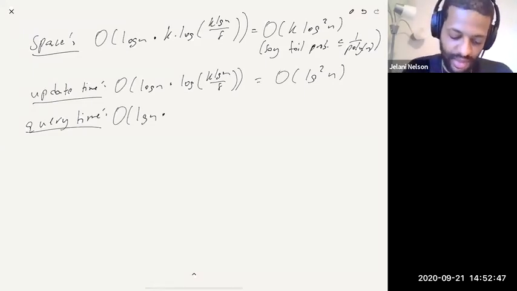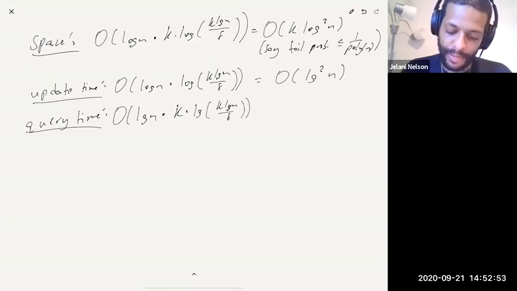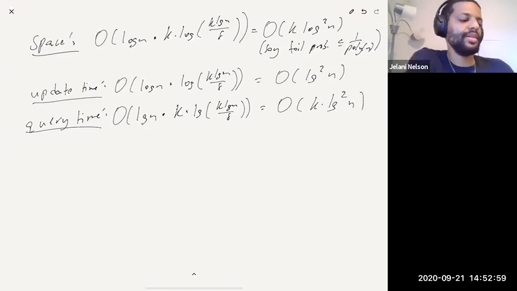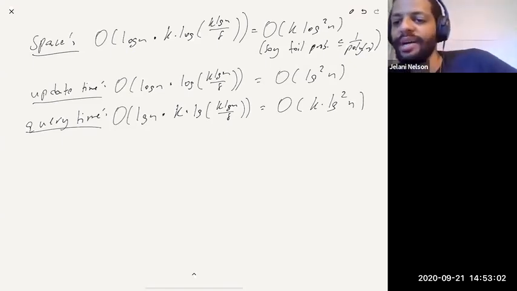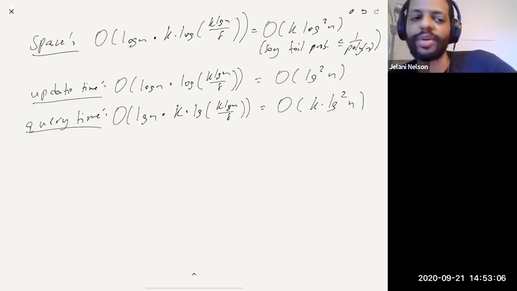So that's K times the time to do a point query, which is log of K log n over delta, which is O of K log squared n. Right? So you're really saving a lot in your query time. Instead of being O tilde of n time, like n polylog n time, your query time is K polylog n time, which is a lot better.